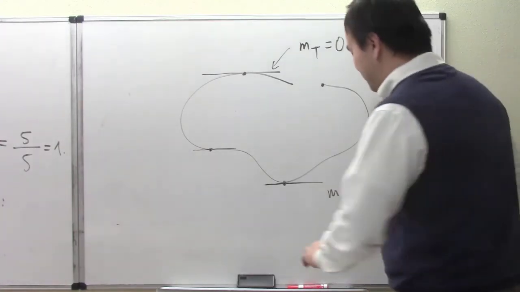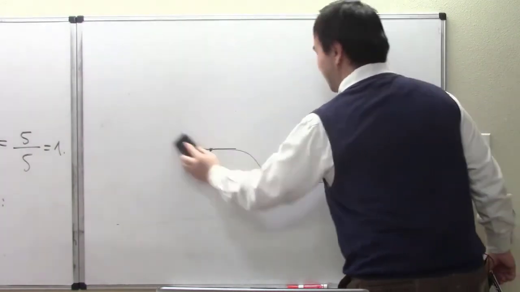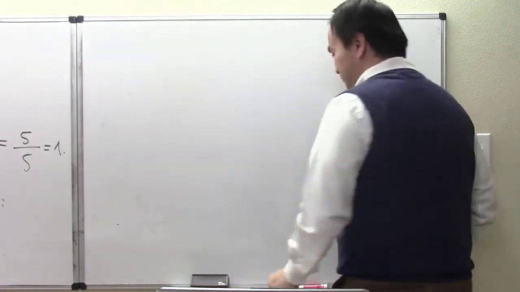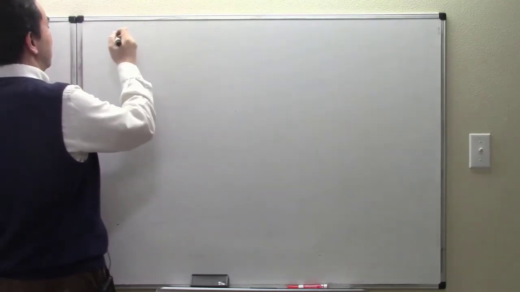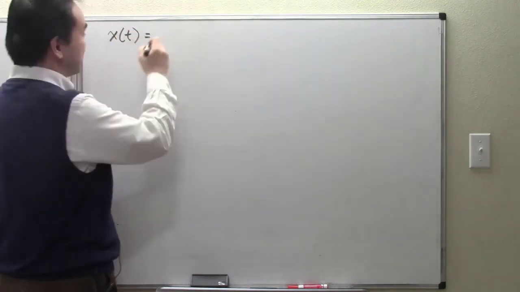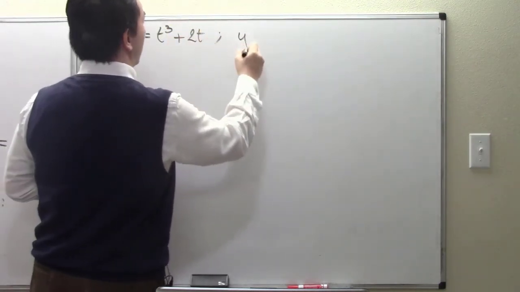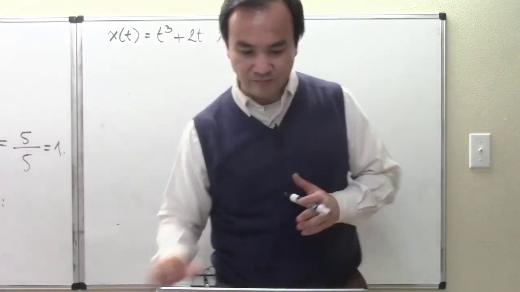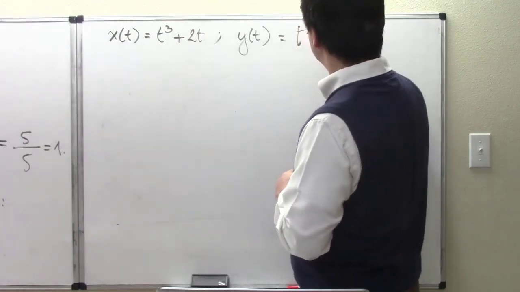That's the one important key for us to pull through with the problem. So our equations are, let me rewrite it down, t cubed plus 2t for x, and y of t is t squared plus 7t.